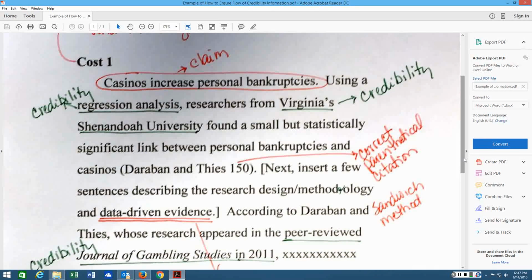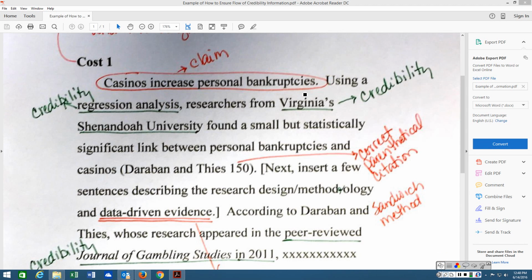You'll have 6 claims, 3 benefits and 3 costs. You're going to start each claim with a very specific statement that is narrowly worded and doesn't include too much complexity or too many variables, and it's going to look something like what you see here that I have circled in red.